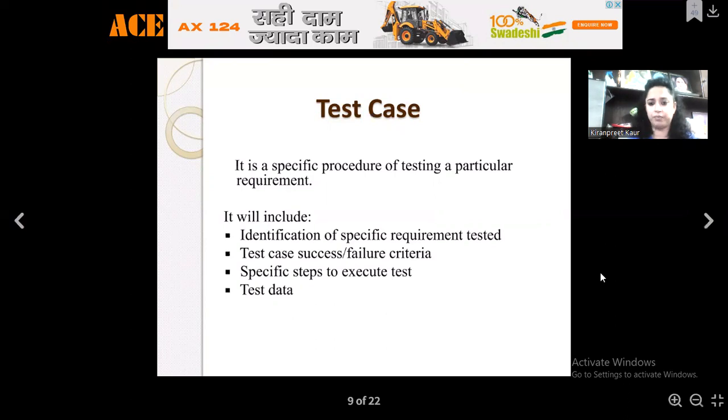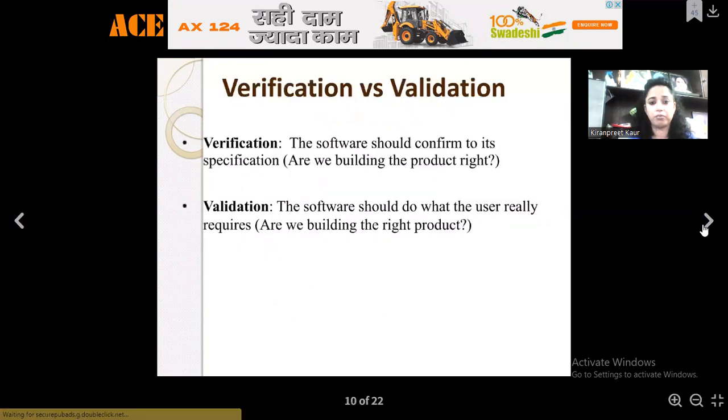Moving further, we have verification versus validation. Now, these terms are so confusing. Let's understand the simple mechanism. Verification means when we are doing the process, when the testing is going on.